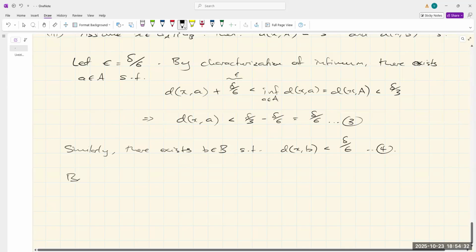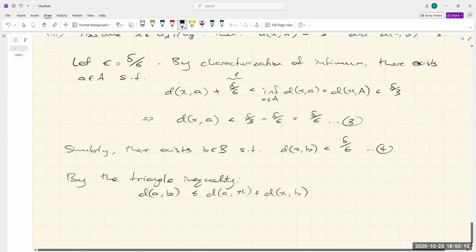Now we could say by the triangle inequality, let me calculate the distance between this a and b. Right, so this a and b that we found using the characterization of infimum, let me calculate the distance between these two. And instead of going from a to b, I'm going to go from a to x, then from x to b.